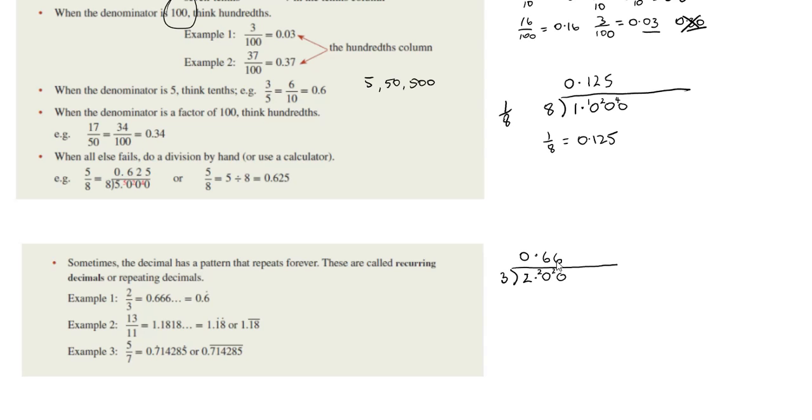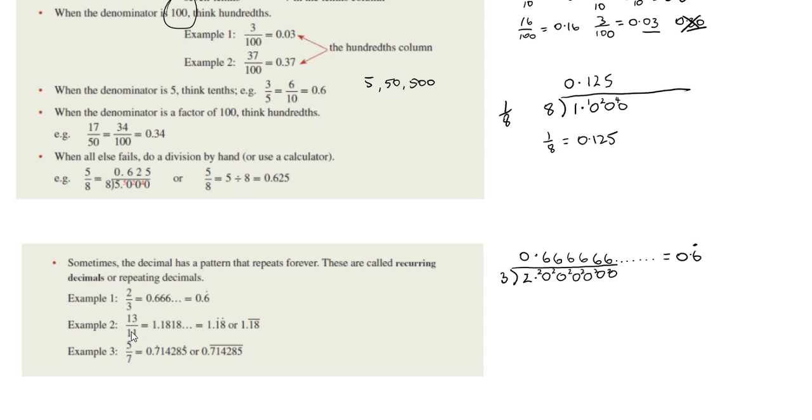What's the remainder? The remainder is 2. So we do it again, and as you can see, because the remainder is always the same, the answer is always going to be the same with the new remainder, and it's going to continue on forever and not stop. Okay, so then we would just write it as 0.6 recurring.